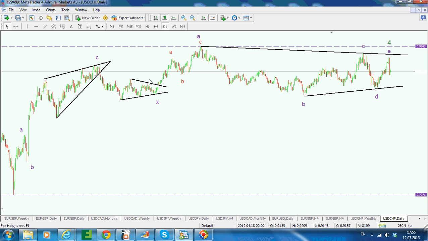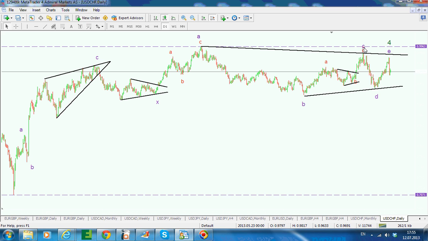This is a small triangle inside of the correction. Like this. So this is of a lower degree, again, A, B, and C.